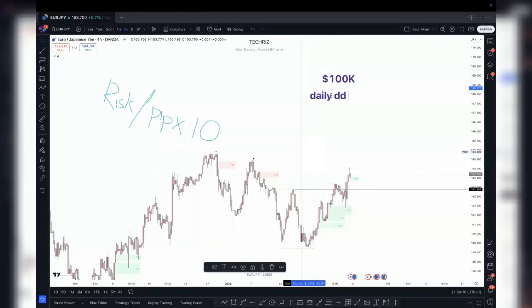Daily DD, not DDO. Daily DD is 5%, which on a 100K account is automatically $5,000, right?